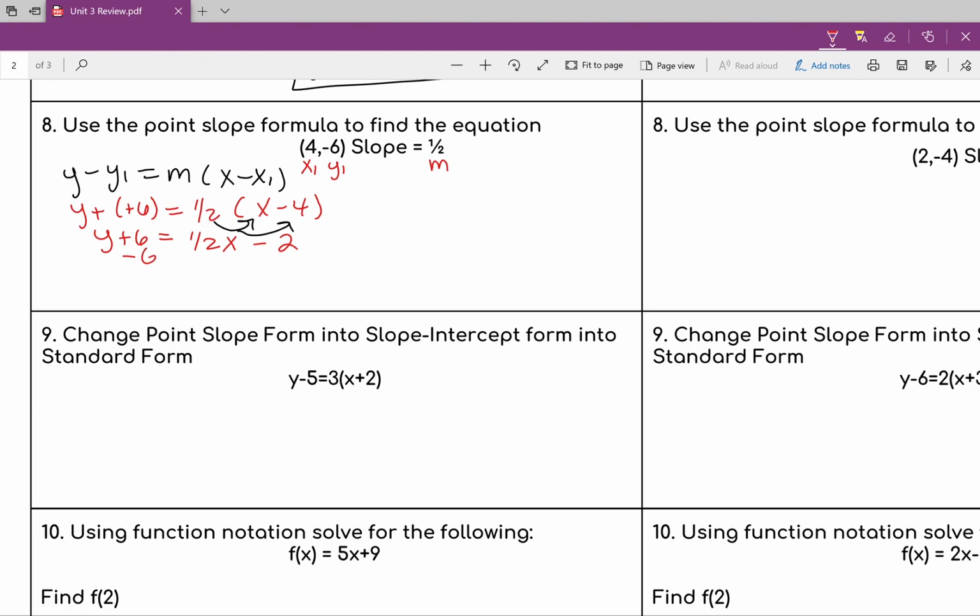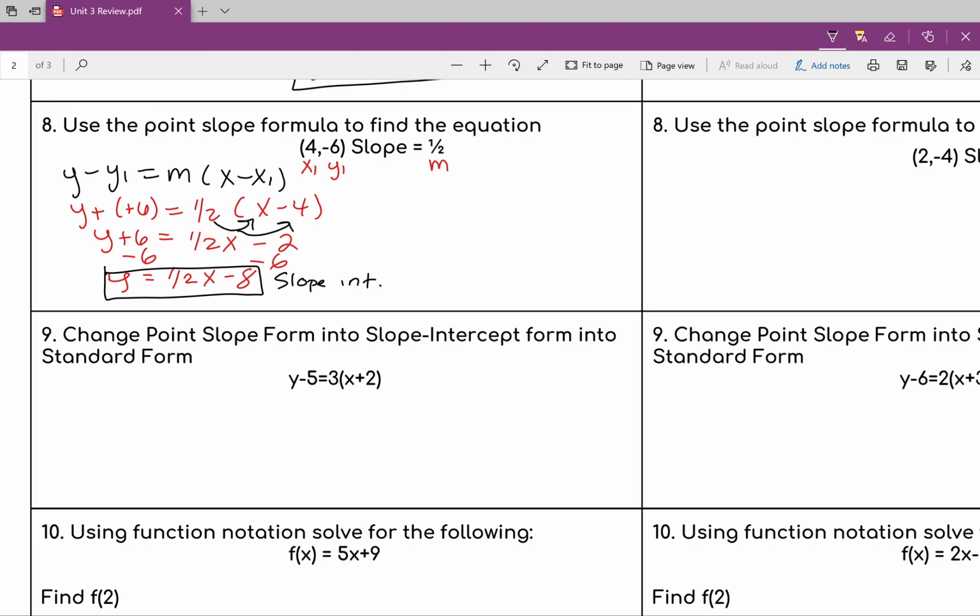Then I'm going to subtract 6 to get y by itself. Then I'm going to get y equals 1/2 x minus 8. And remember, what form is this? This is slope-intercept form.